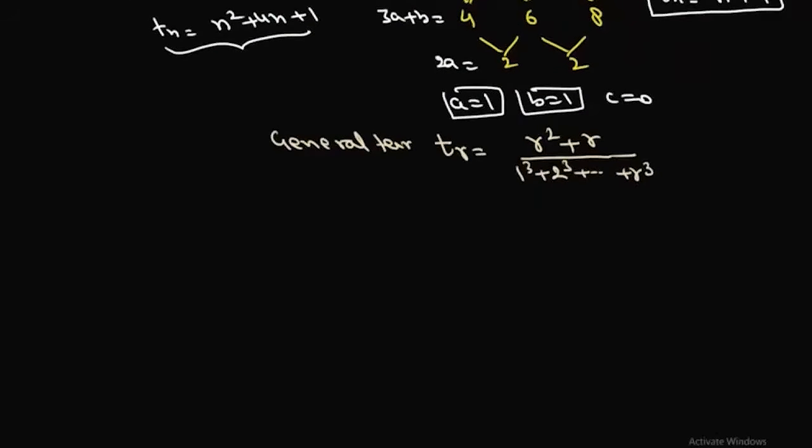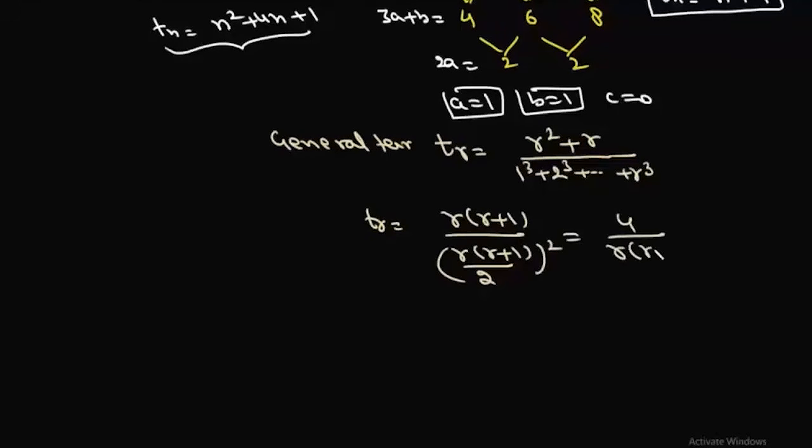Now we can write this as TR equals r into r plus 1 over r into r plus 1 by 2 whole square. As r plus 1 will cancel, it will be 4 upon r plus 1, which we can also write as TR equals 4 into 1 upon r minus 1 upon r plus 1.